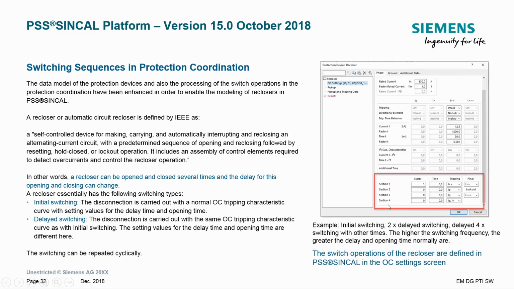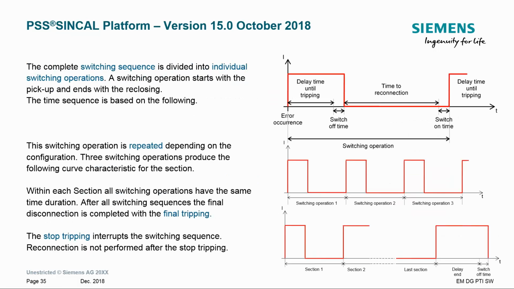That means 4 different types of detection and tripping, and then you can define the different cycles in each section with the reconnection times and the tripping behavior, and together with the behavior in the network element, with the separate switch on and off times, you can now simulate the reclosers like that.